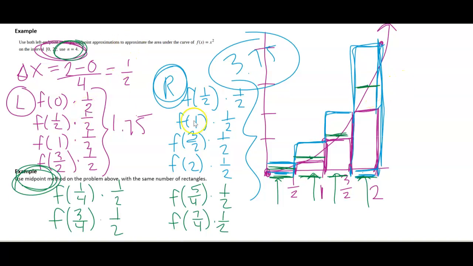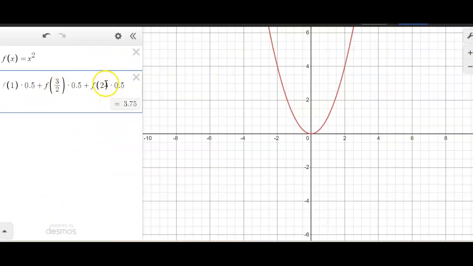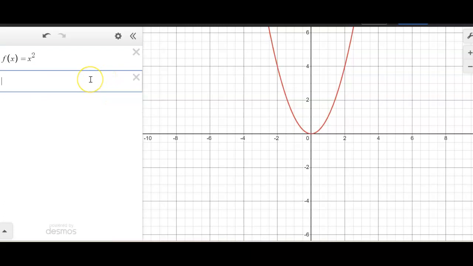All right, let's go into our calculator and see. Oops, I didn't mean to do that. That's okay. f of 1/4 times 0.5 plus f of 3/4 times 0.5. Let me erase that.